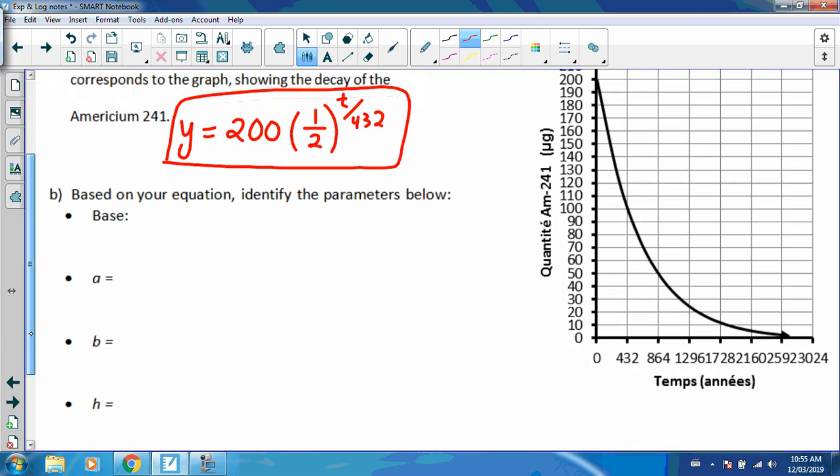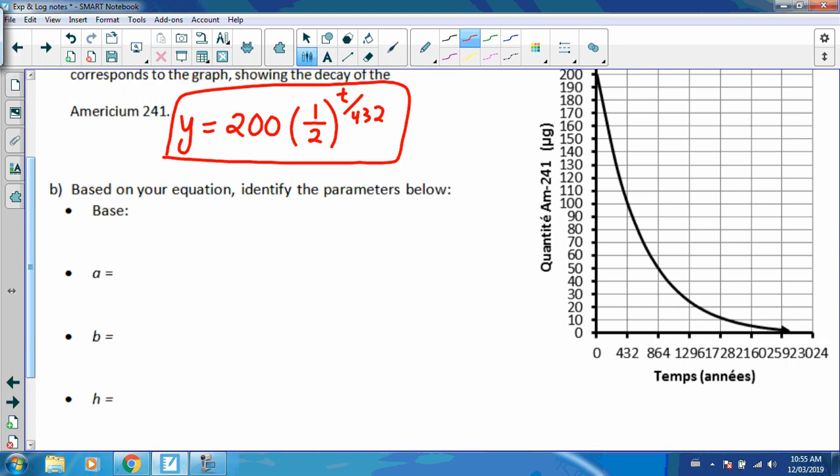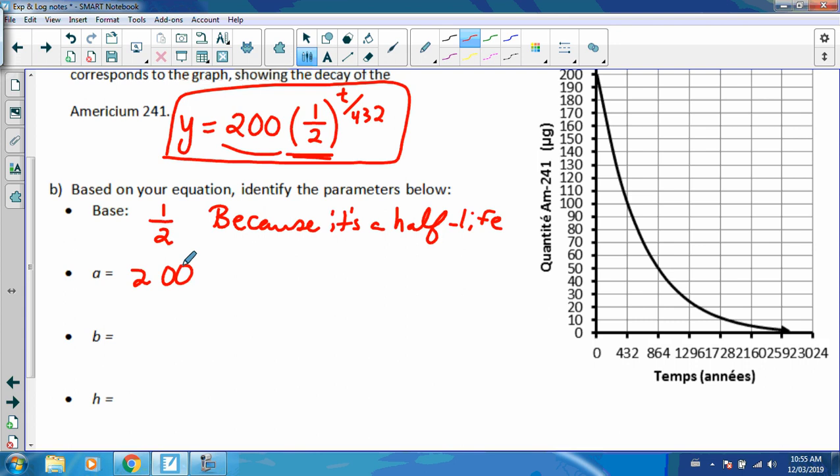Now, based on your equation, identify the parameters below. The base is 1/2, that's right here, and that is because it's a half-life. I can see A, that's right here. That's 200, and that is the starting amount.